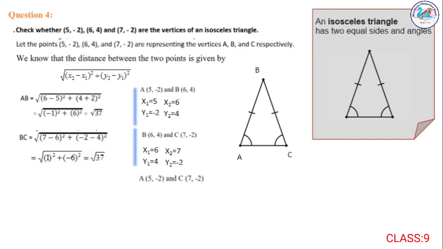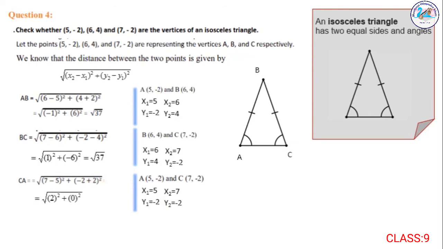Now AC: A is (5, -2), C is (7, -2). Write x1 is 5, y1 is -2, x2 is 7, y2 is -2. Substitute it in the distance formula: (7 minus 5) the whole square plus (-2 minus (-2)) the whole square. Minus minus means plus, so -2 plus 2.